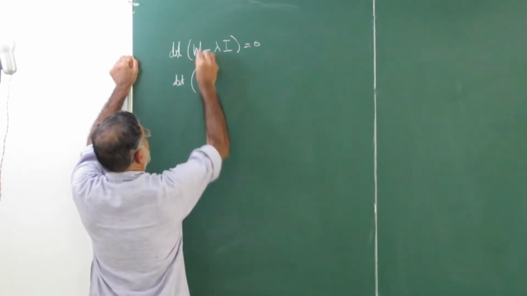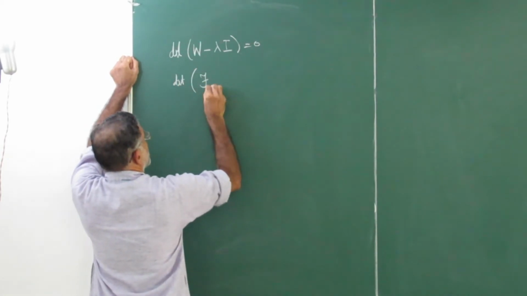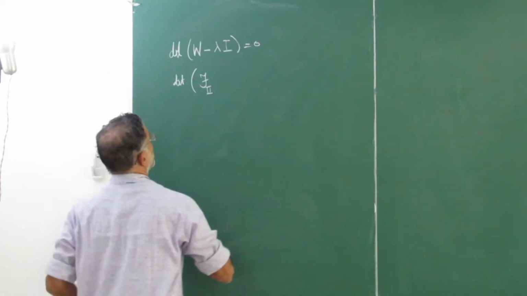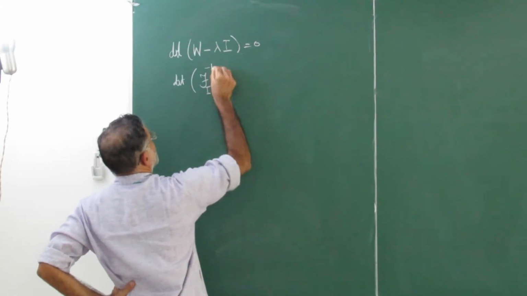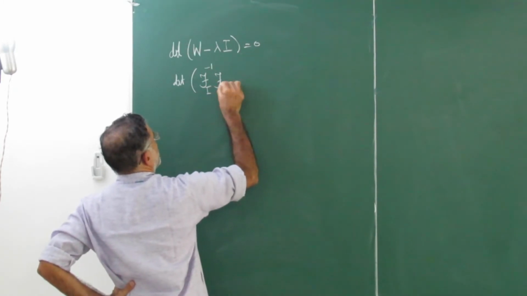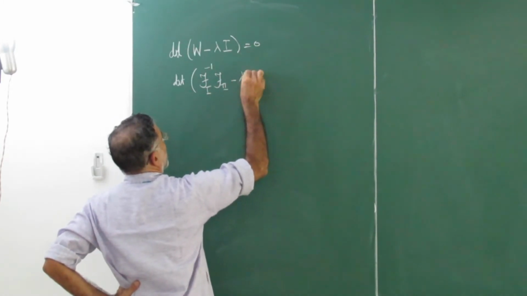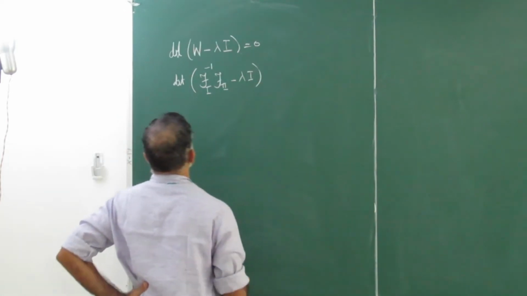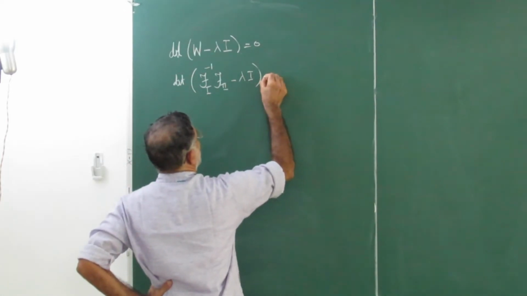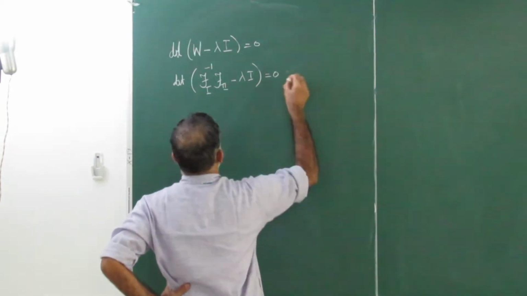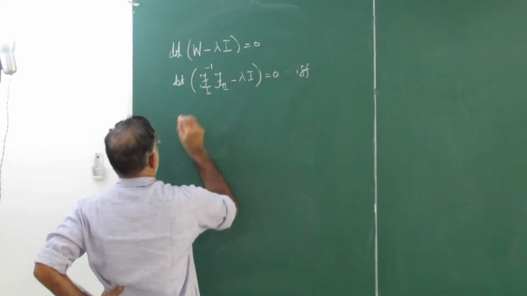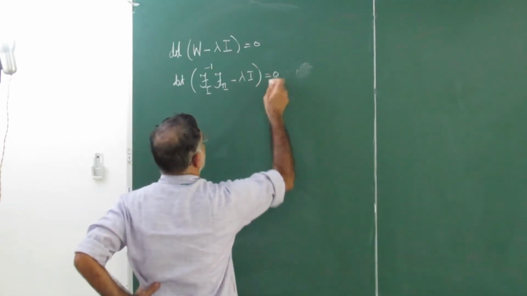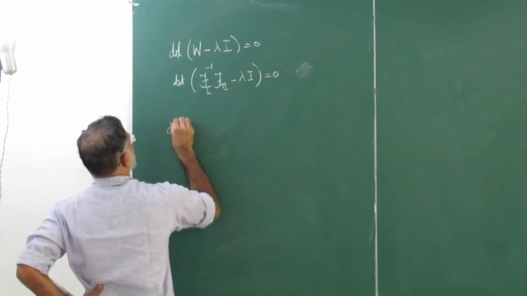As we have seen, it is the first fundamental matrix inverse, second fundamental matrix, minus lambda I. So this is 0 if and only if, what we do is we take this out, because let us write this. This can be rewritten as a determinant.